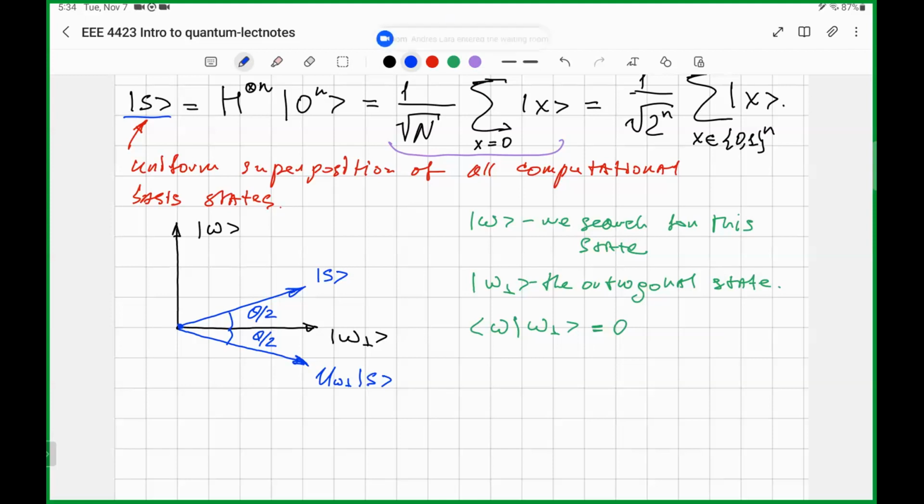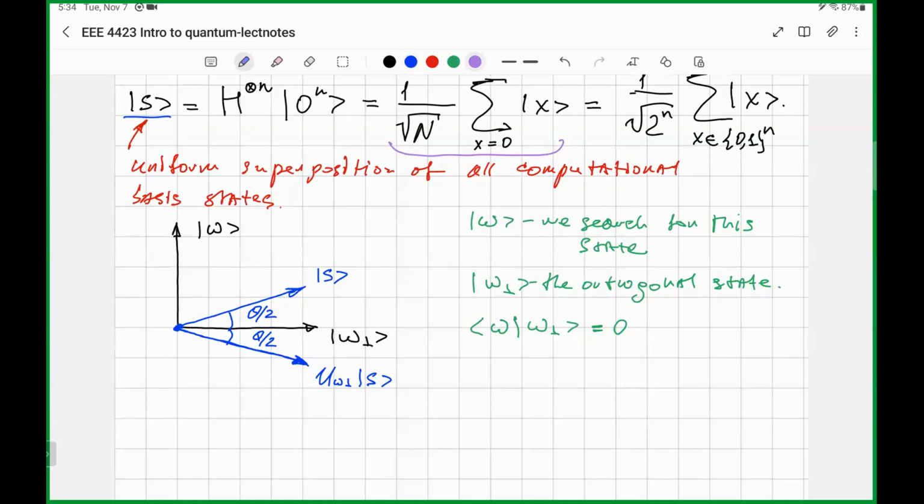So this is our new vector, and this is the first operation. The second operation in this algorithm is a reflection of this new vector U omega orthogonal across the vector S. It's going to be the same angle, theta over 2 plus theta over 2, which is exactly theta.